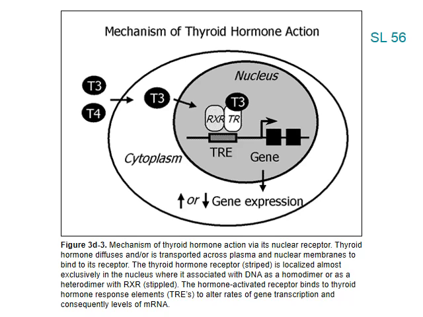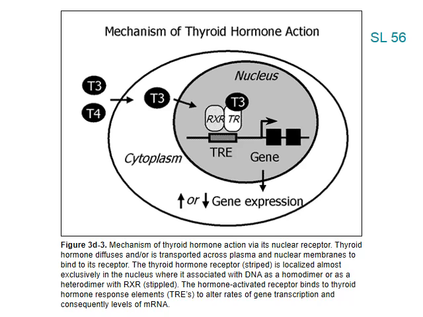So the mechanism of thyroid hormone action is via its nuclear receptor. Thyroid hormone diffuses across the plasma and nuclear membranes to bind its receptor. The thyroid hormone receptor is localized almost exclusively in the nucleus, where it is associated with DNA as a homodimer.